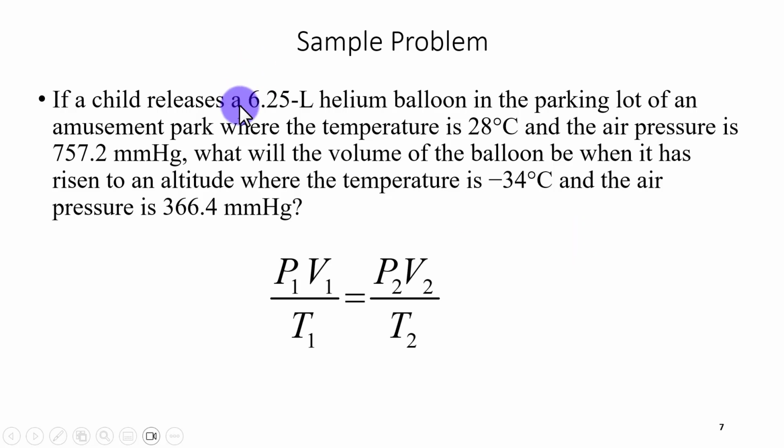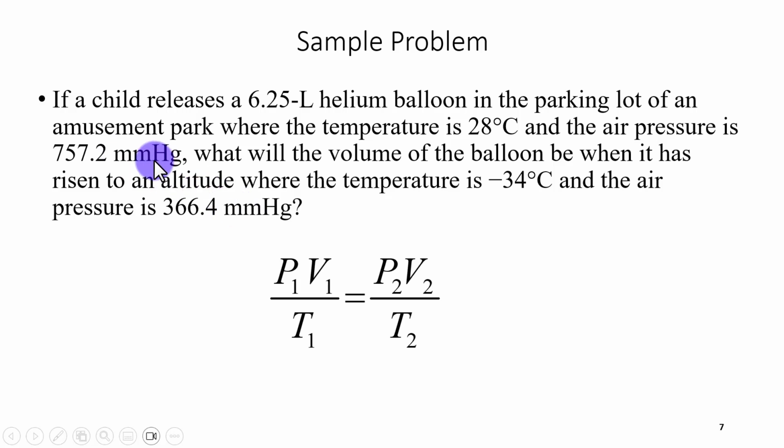Okay, so what are your initial conditions? This is very important. This is your volume, temperature, and pressure initially. What did you change? You changed the temperature and the pressure. Calculate the volume, V2, so you're after V2. Convert the temperatures to Kelvin.